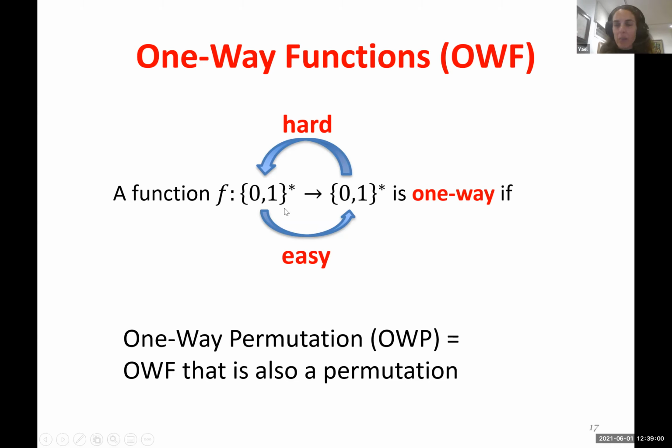Take elements mod p, where p is a prime. What f does is take a fixed number, let's call it g, but you can think of g as being 2 even. I take an input x, and the output is g to the x. Again, g is fixed. You can think of it as any element between 1 and p, not 1, but any element in the middle. So you take x and you output g to the x mod p.